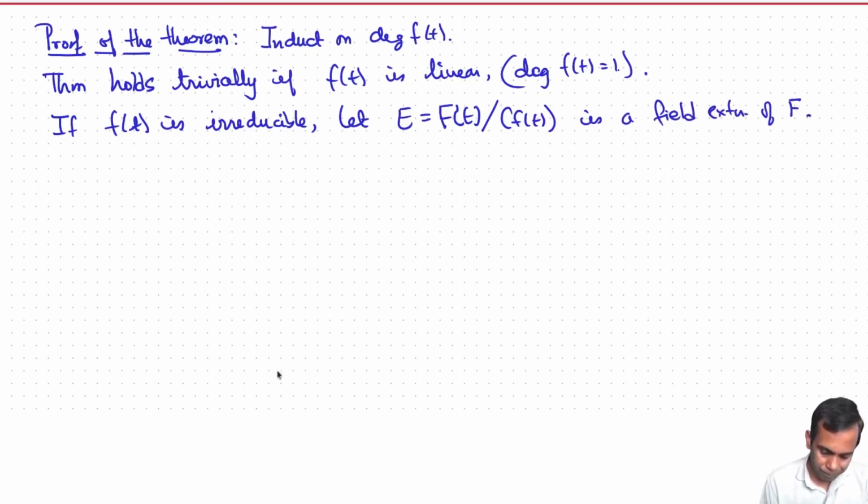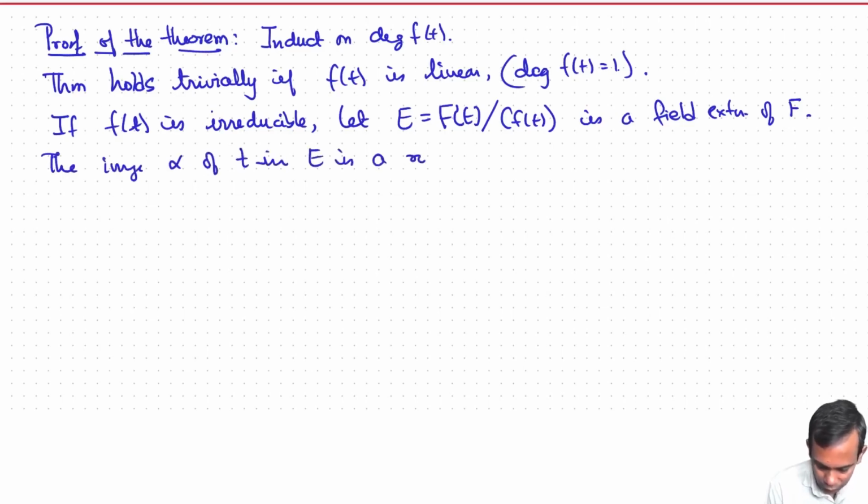And now f(t) has a root in E, as we've seen: the image alpha of t in E is a root of f(t).